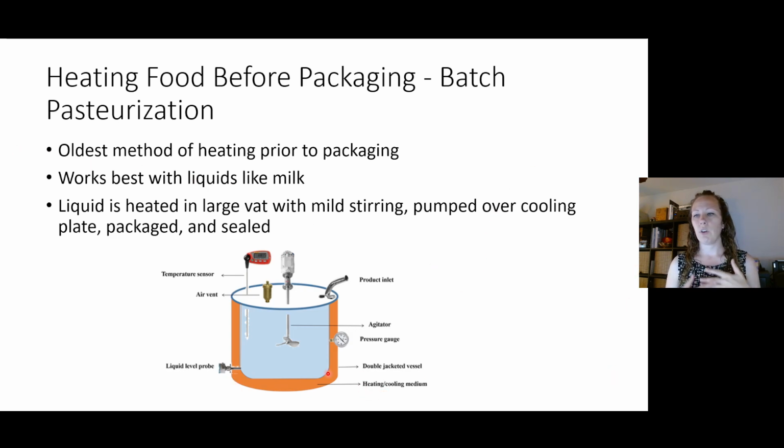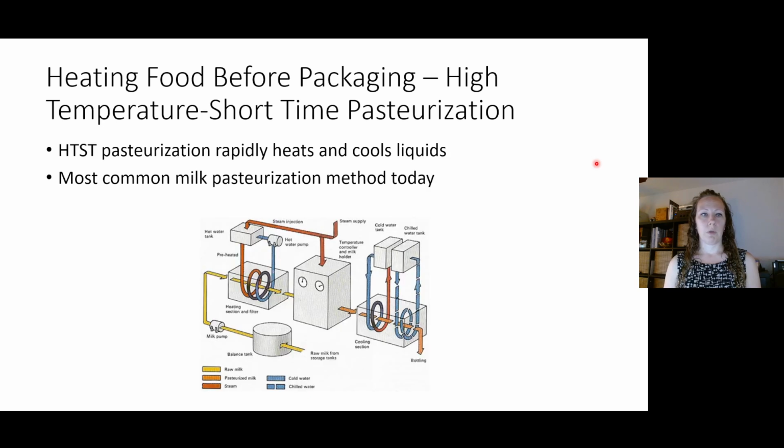You usually have a liquid in a vat, and you slowly get it to the temperature that it needs to be to pasteurize it, and then it would be pumped out over a cooling plate and packaged and sealed. This isn't done very much anymore because now we have better systems that heat and cool very quickly.